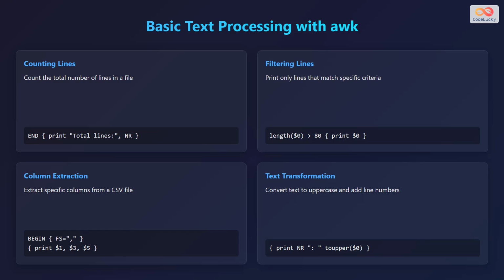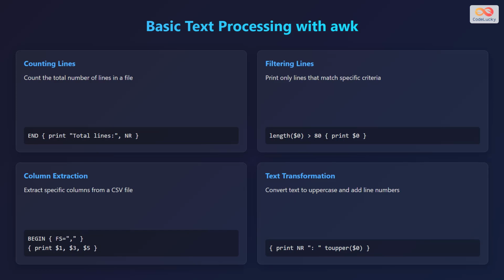awk is useful for various basic text processing tasks. Let's explore a few common use cases. First, to count the total number of lines in a file, use END, open curly brace, print "total lines:", NR, close curly brace. Next, to print only lines that match a specific criteria such as length, use length($0) greater than 80, open curly brace, print $0, close curly brace.